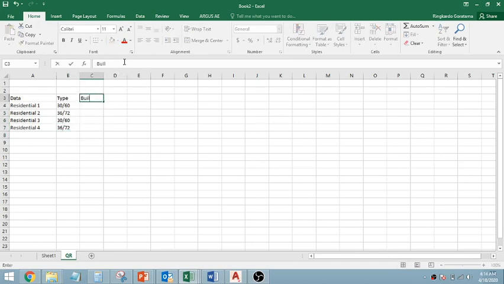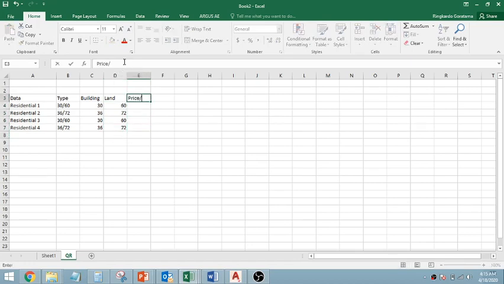So this is the building size and the land size. The building is 30, 36, 30, and 36. For the land size, this is 60, 72, 60, and 72.